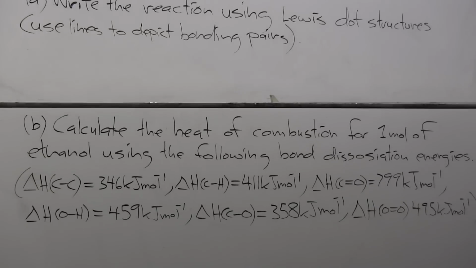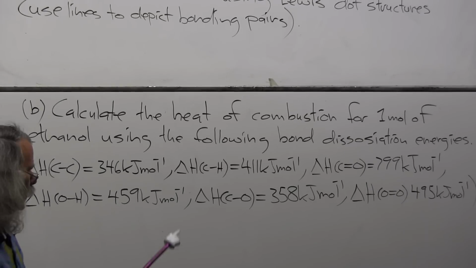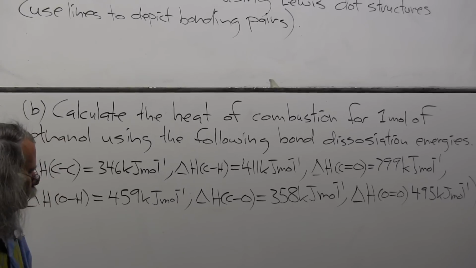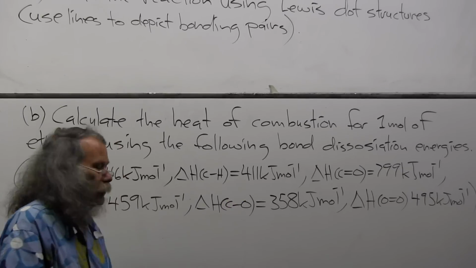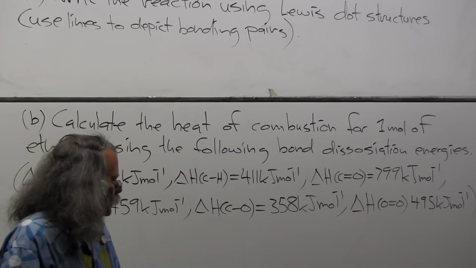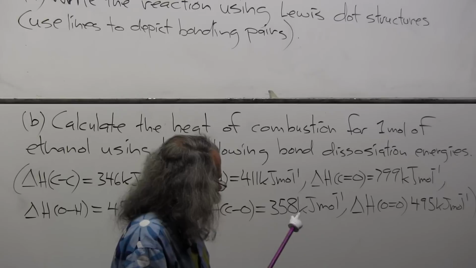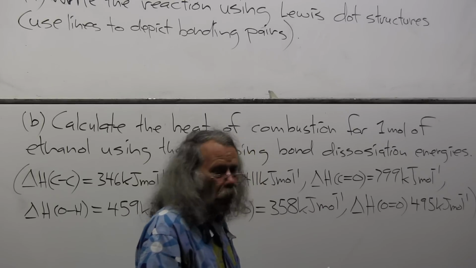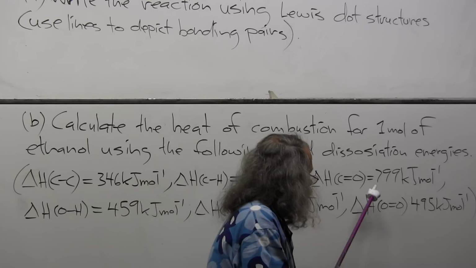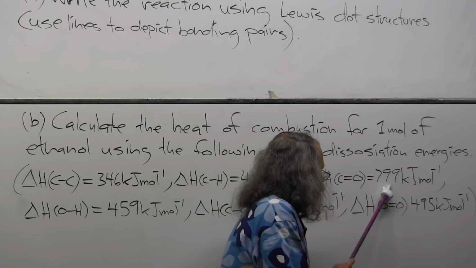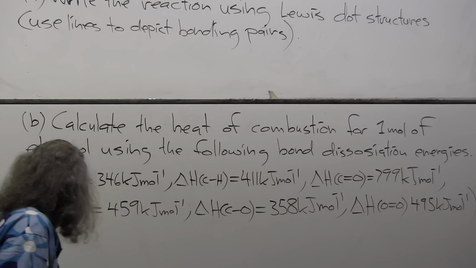The enthalpy, or delta H, for a carbon-hydrogen bond of dissociation is 411 kilojoules per mole. And delta H for a carbon-oxygen double bond, this is specific for carbon dioxide actually, is 799 kilojoules per mole.